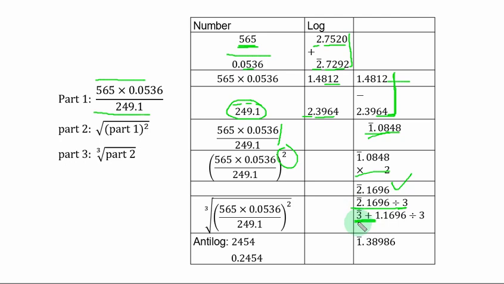Now we divide. Bar 3 divided by 3, you have bar 1. Now if you divide 1 by 3, it is 0 remainder 1. If you add that 0 to bar 1, you still have bar 1, then decimal point. You take remainder 1 to 1, it becomes 11. Divide by 3, you have 3 remainder 2. Remainder 2, you take it to 6, it becomes 26. Divide by 3, you have 8 remainder 2.